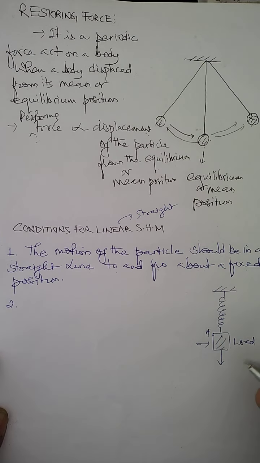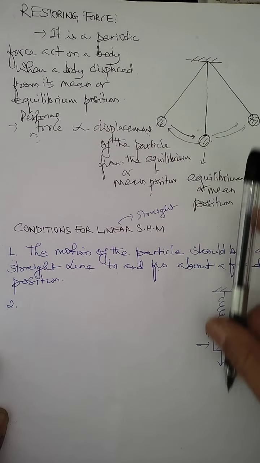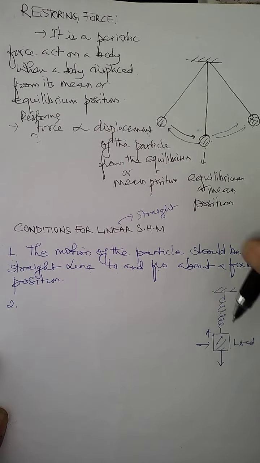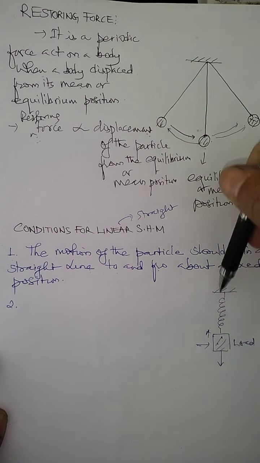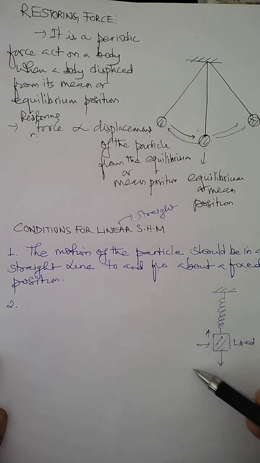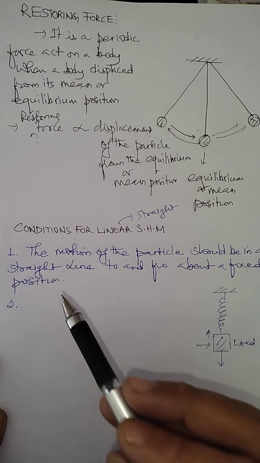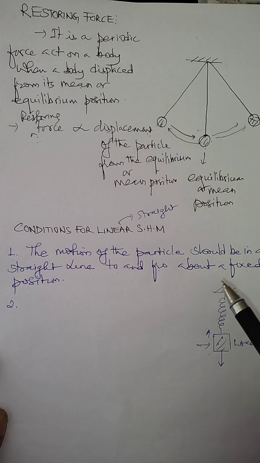Linear simple harmonic motion, because it has to and fro motion, up and down, with respect to the mean position. Such a motion is a straight motion which takes place about a fixed position, and such a to and fro motion is called linear simple harmonic motion. That's why one of the conditions is that the motion of the particle should be in a straight line, to and fro about a what? Fixed position. Now this is number one.